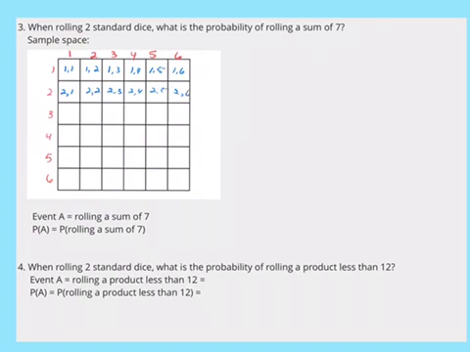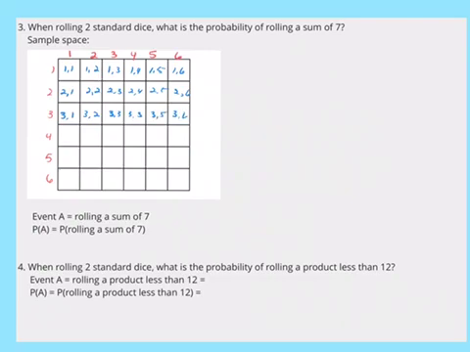We're just going to continue filling in this chart, and we'll end up with a total of 36 possible outcomes in our sample space. It would be difficult to list out all of these, so once you make one chart, you can refer back to it over and over again.